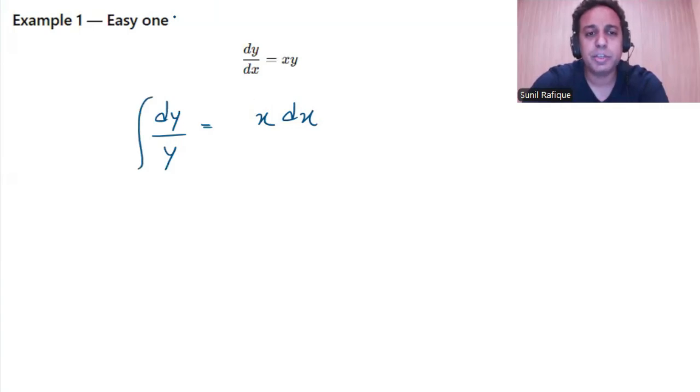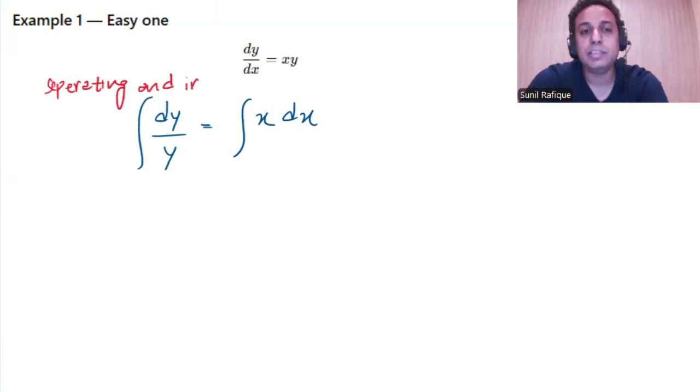Now integrate. So you can do this whole thing in a single step. For your notes, you can save it somewhere: this step is known as separating and integrating, right? So that's what we are doing. Let's integrate. So how do you integrate 1 over y dy?